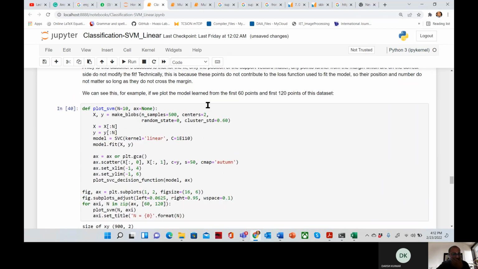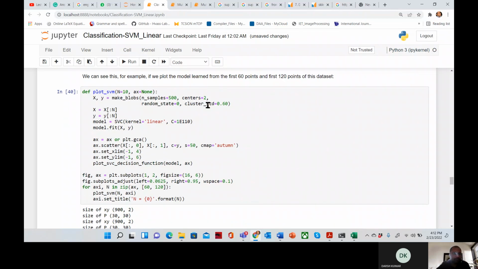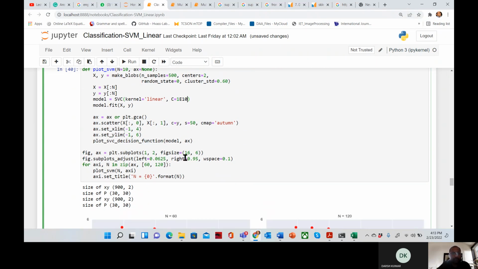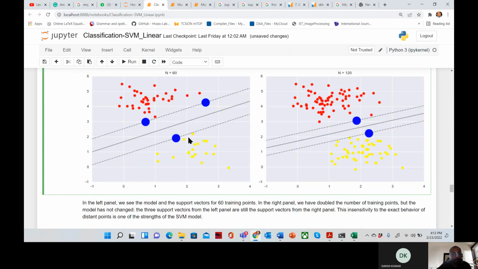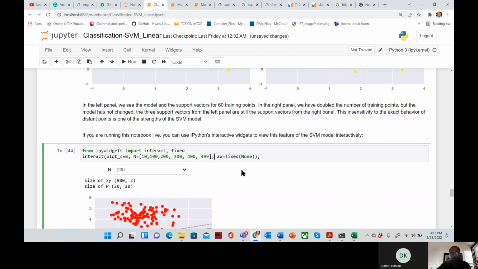Yes, sir. Okay, you can play around. See, I have used c equals 10 to the power here, I took too much. What you can do is take a c value input here, pass that c value here, and then use that c value itself.